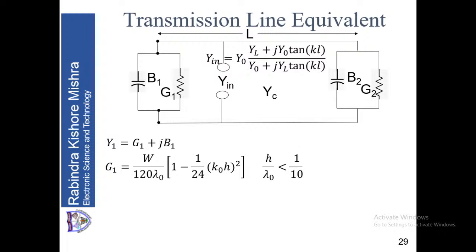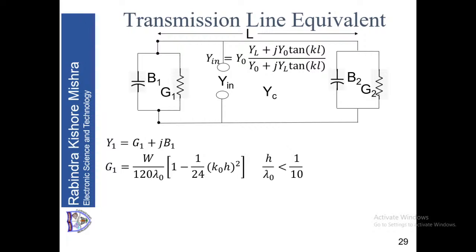From that we get the expression for the conductance of the slot. G1 is equal to W upon 120 lambda 0, into 1 minus 1 upon 24 into (K0 H) squared. This is valid so long as H upon lambda 0 is less than 1 by 10.